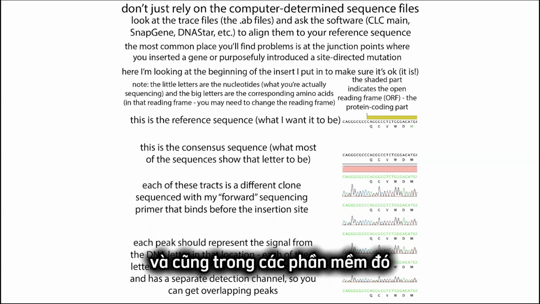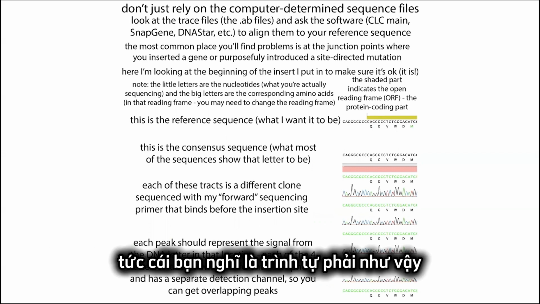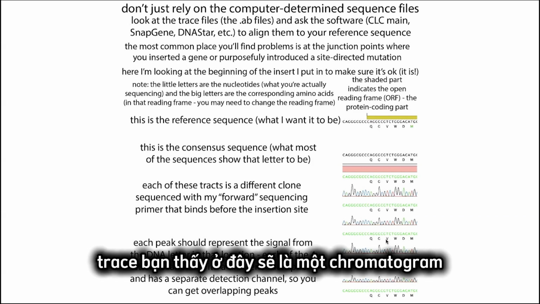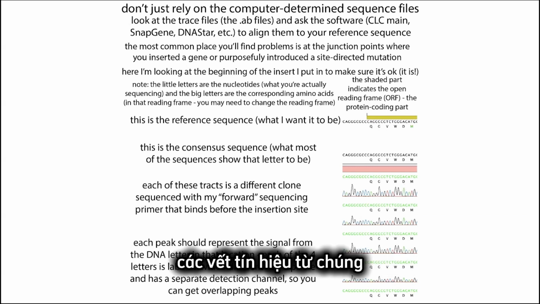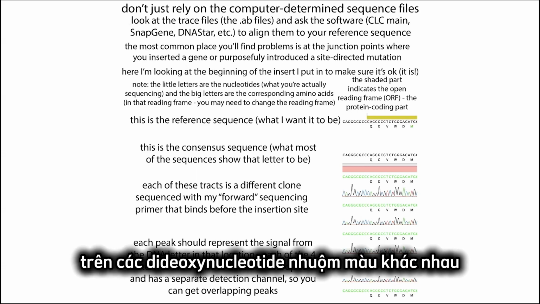In that software, you're also able to align them to your reference sequence, what you think the sequence should be. The trace you see here is going to be a chromatogram showing you the different DNA letters, the fluorescent traces from those dye molecules on those different dideoxynucleotides.